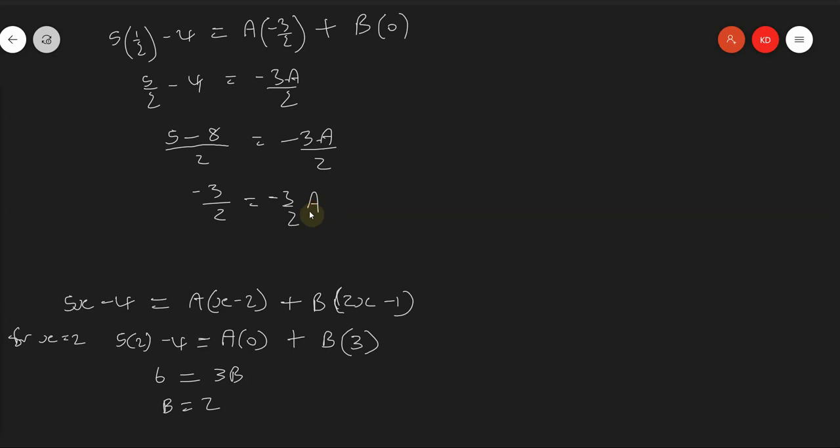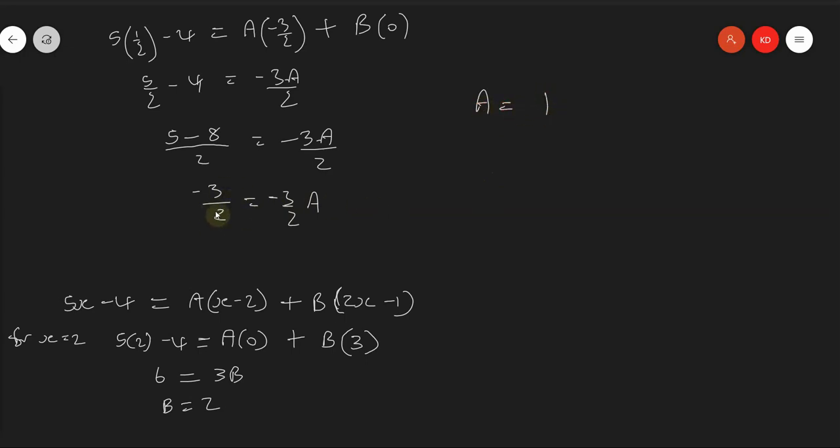Great. So since the coefficient of the a here is the same as negative 3 over 2, they're equal, therefore we can divide both sides by negative 3 over 2, which would mean that a is equal to 1.